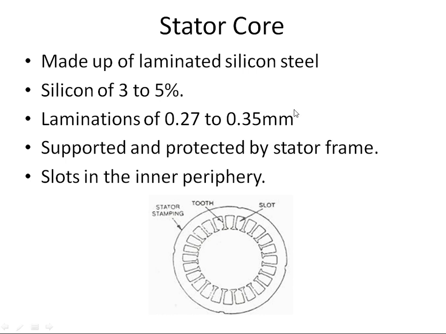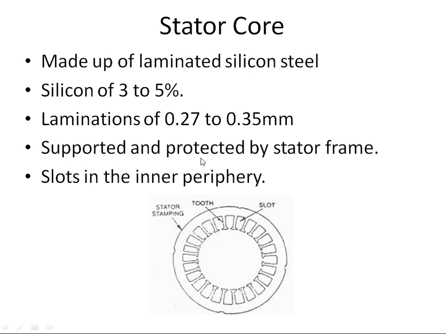Either you can have a hot process, known as hot rolled grain oriented silicon steel, or you can have a cold process, known as cold rolled grain oriented silicon steel. Usually we use CRGO material, which is also known as the diamond grade type of laminations. So we use laminated silicon steel to reduce the iron loss, so the total iron loss will be reduced.